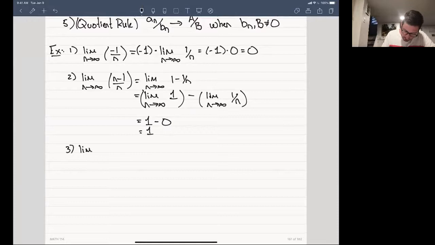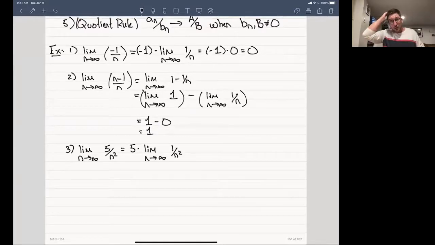So for example, let's look at 5 over n squared. The first thing is we'll use the constant multiple rule to pull out the 5. And I get 1 over n squared. But now I know 1 over n squared is 1 over n times 1 over n, so I can use the product rule.